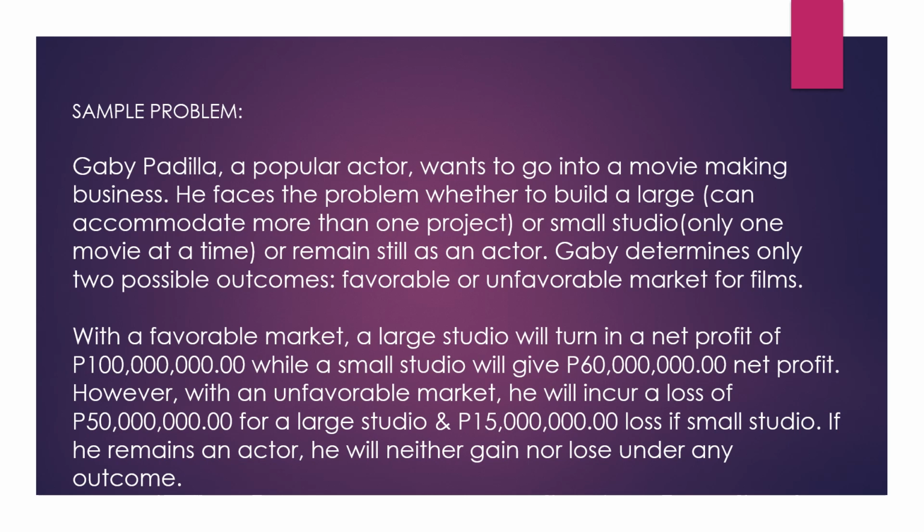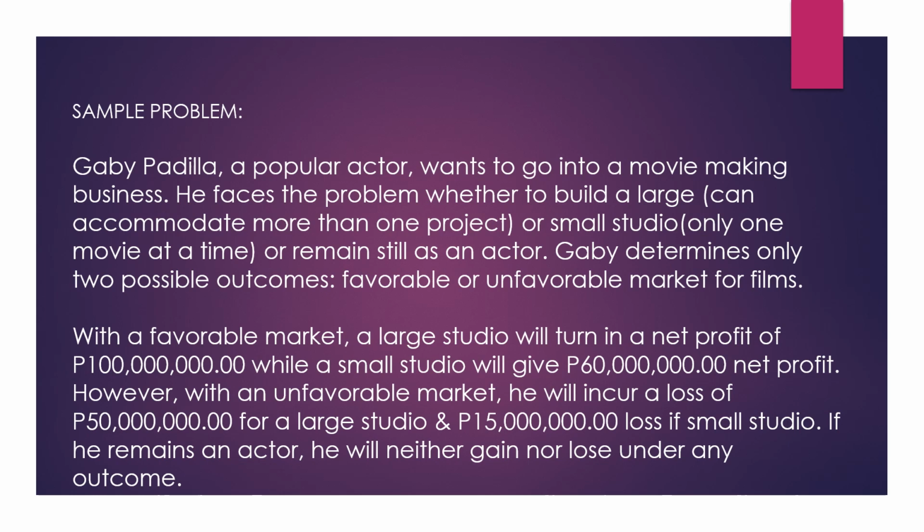So we have here a sample problem from the reference textbook. Gabby Padilla, a popular actor, wants to go into a movie-making business. He faces the problem whether to build a large studio which can accommodate more than one project, or a small studio which can accommodate only one movie at a time, or, of course, remain as an actor.